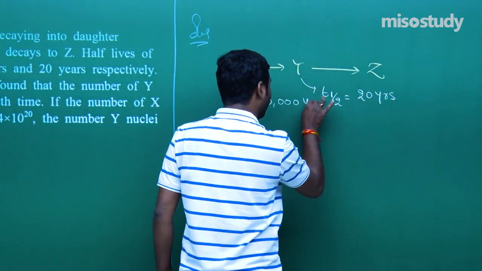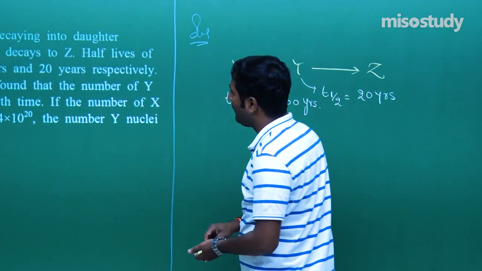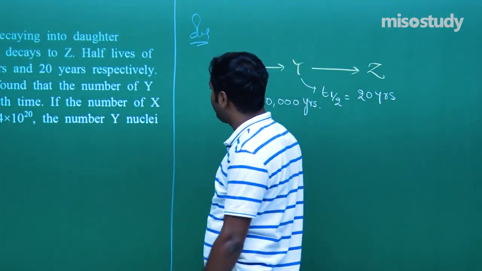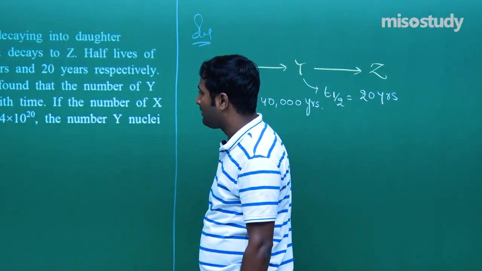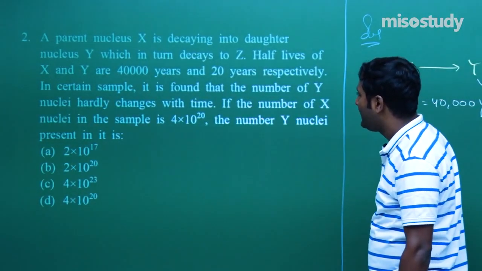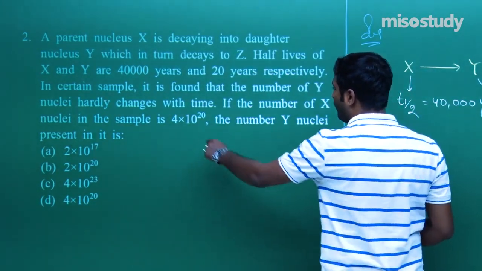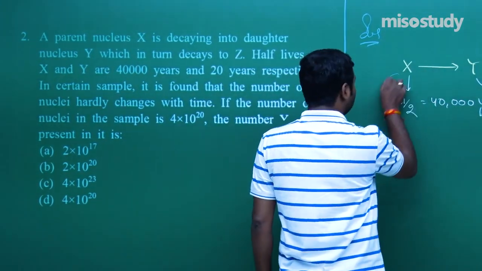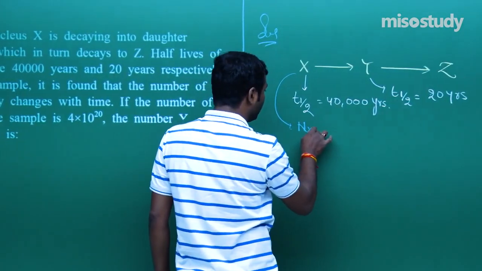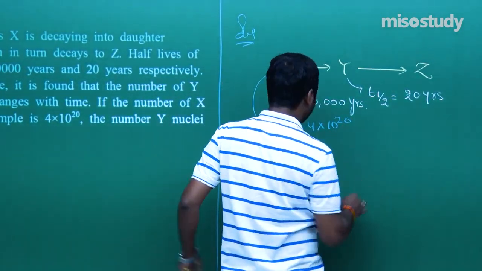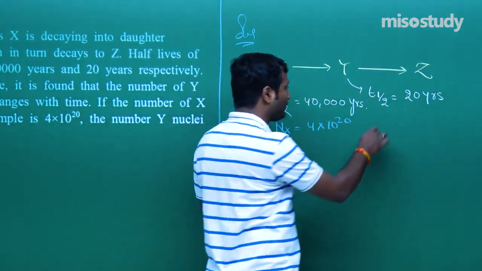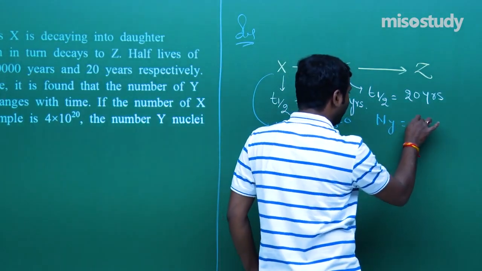Now it is found that the number of Y nuclei hardly changes with time. If the number of X nuclei in the sample is 4 into 10 to the power 20, that is, Nx is given as 4 into 10 to the power 20. Now what do we need? We have to find Ny.